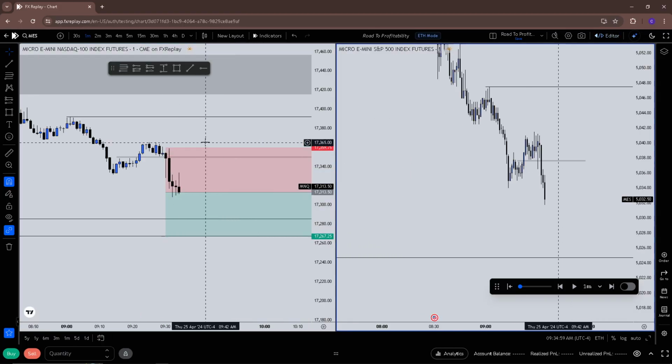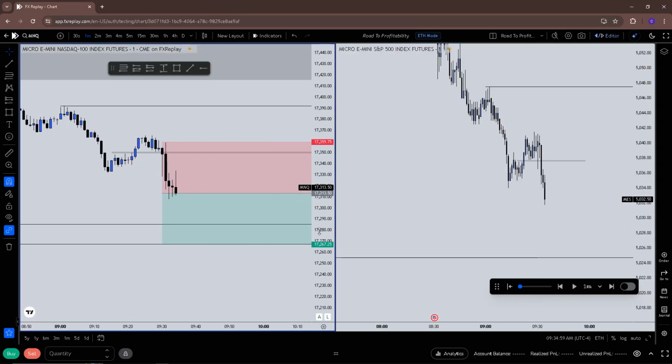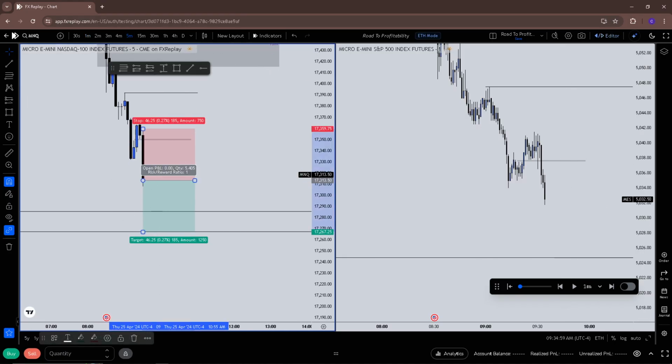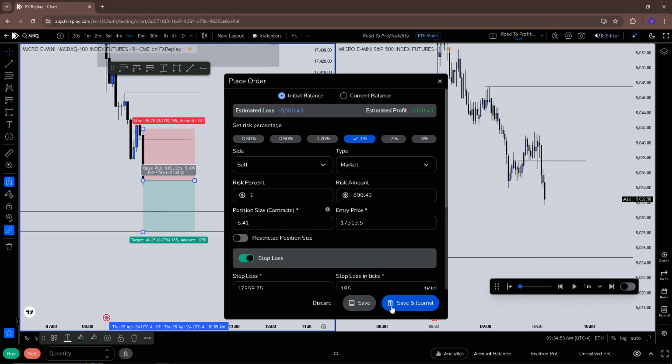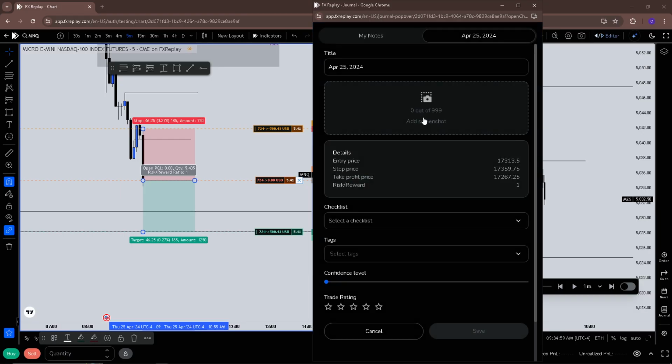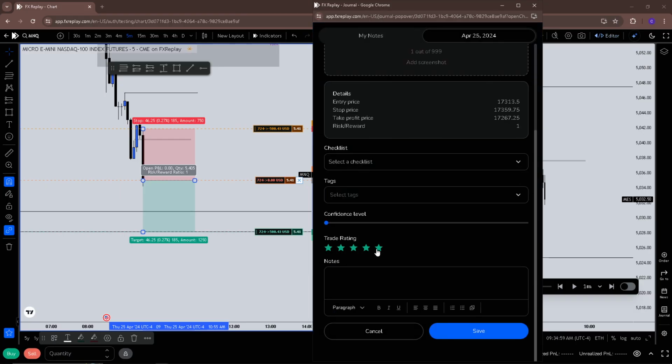Yes, same thing. Already got the tap in. Clearly bearish. Delivering from a 5-minute fair value gap.